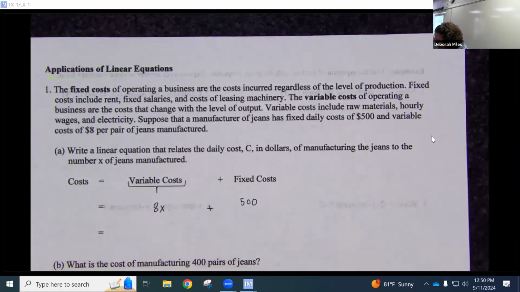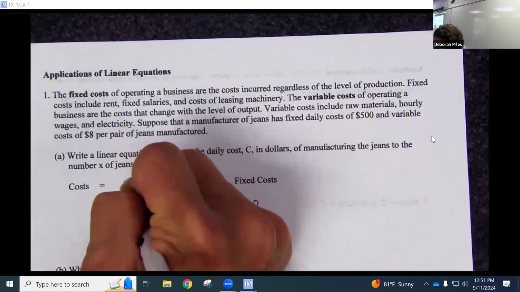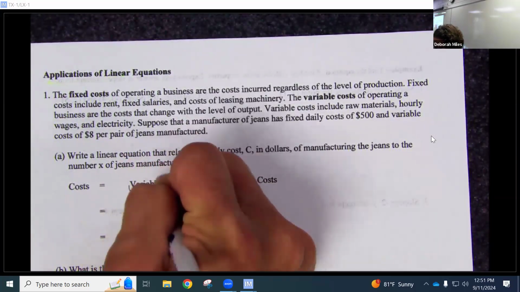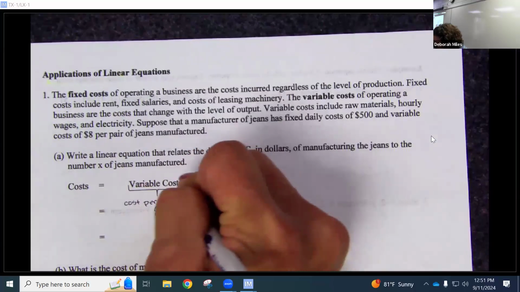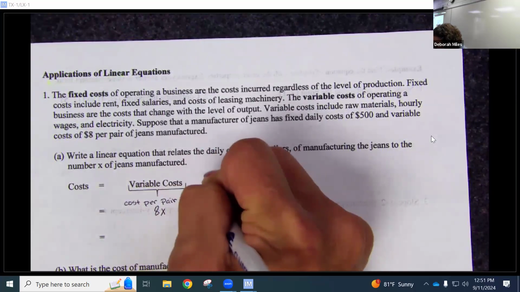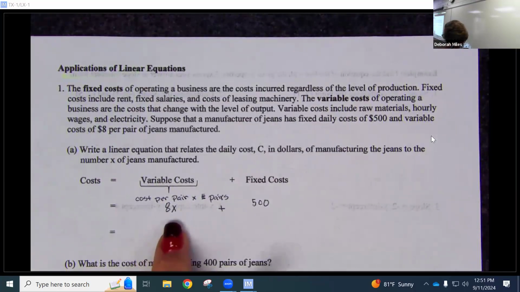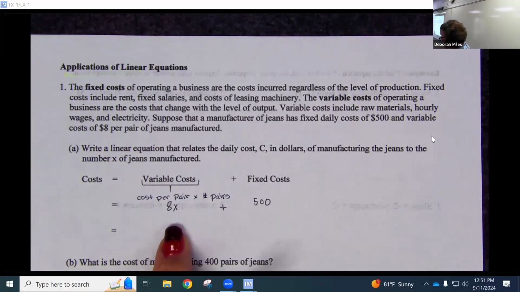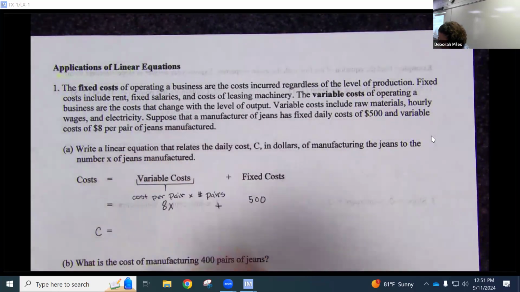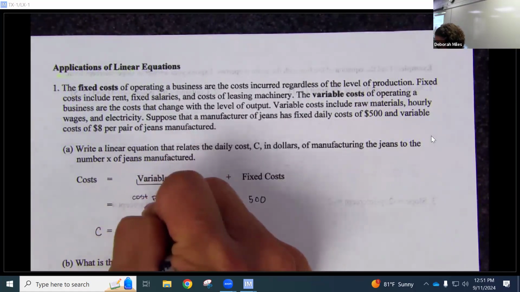I think the reason I left 2 lines there is probably to say that variable costs are cost per pair times number of pairs. And so the equation that I'm looking for is C equals 8X plus 500.